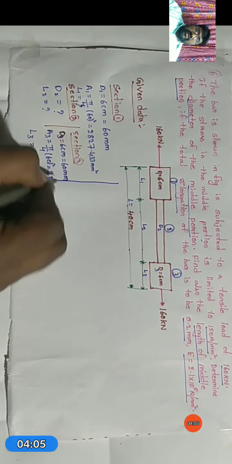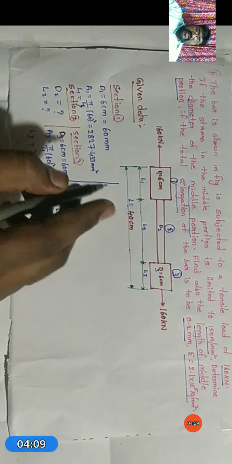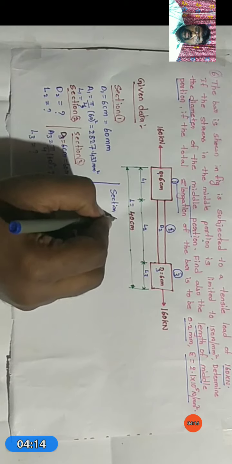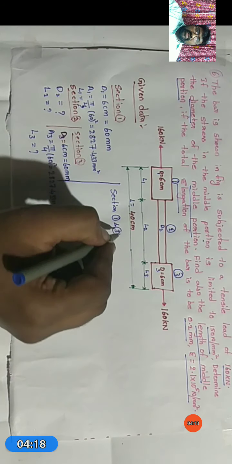From the diagram, sections 1 and 3 are similar in area and length.